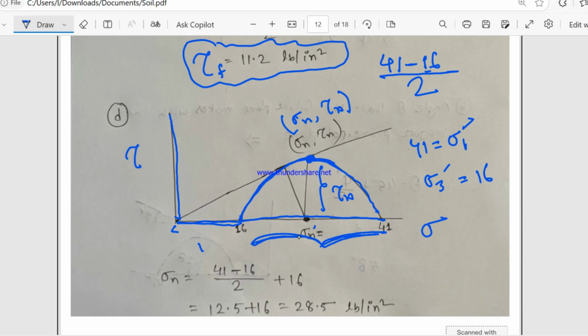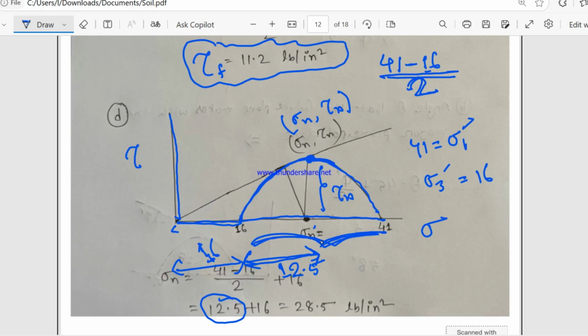Then divided by 2, we get the radius value, which is 12.5. And this value is 16.